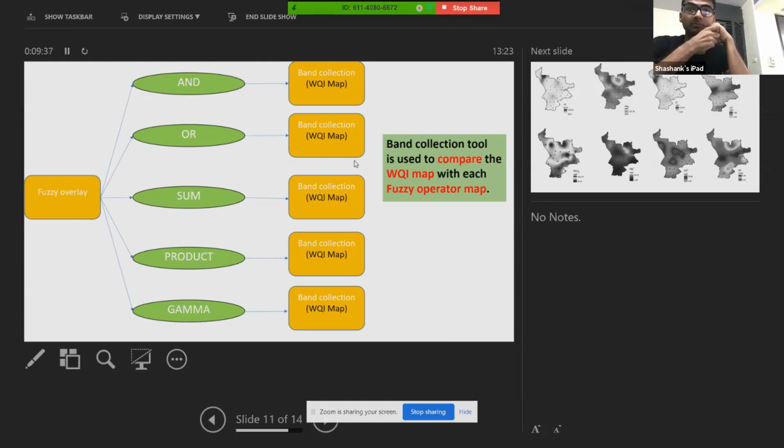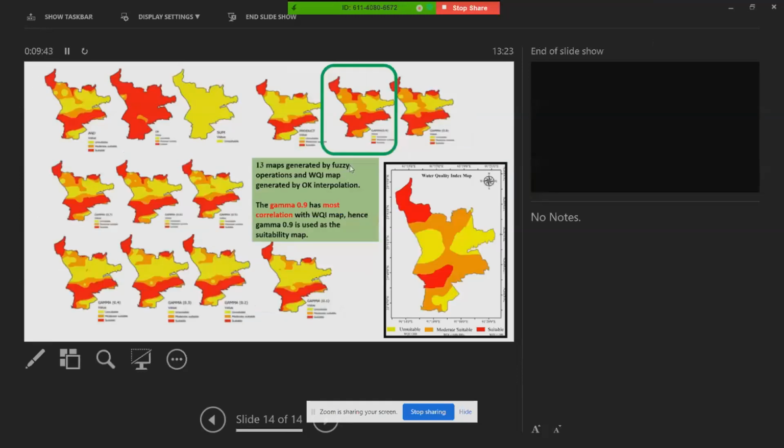Because now you have 9 interpolated maps, and you overlay them together by applying the fuzzy logic, only AND, OR, and sum, right? So if you use just a simple map overlay, do you think the output is going to be the same?